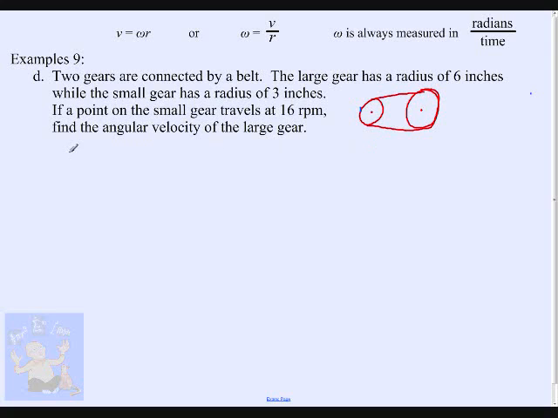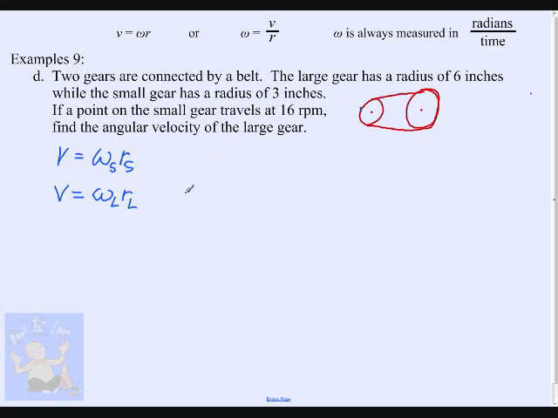So whatever that linear velocity is, we can use this formula here. The angular velocity of the small times the radius of the small one also equals the angular velocity of the large one times the radius of the large one.